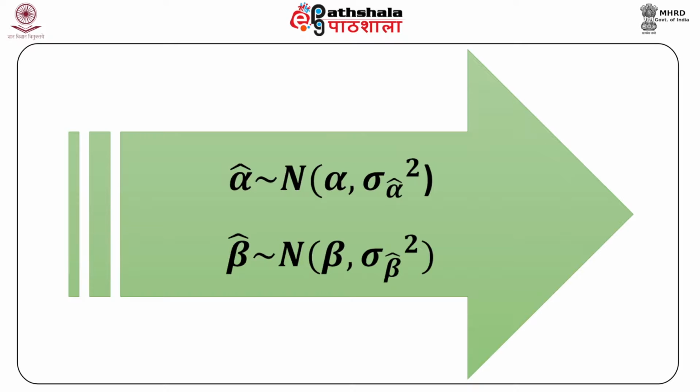And this can be deduced as alpha hat would also be normally distributed with mean alpha and variance sigma alpha hat square. Similarly, beta hat is also distributed normally with beta as mean and variance sigma beta hat square.